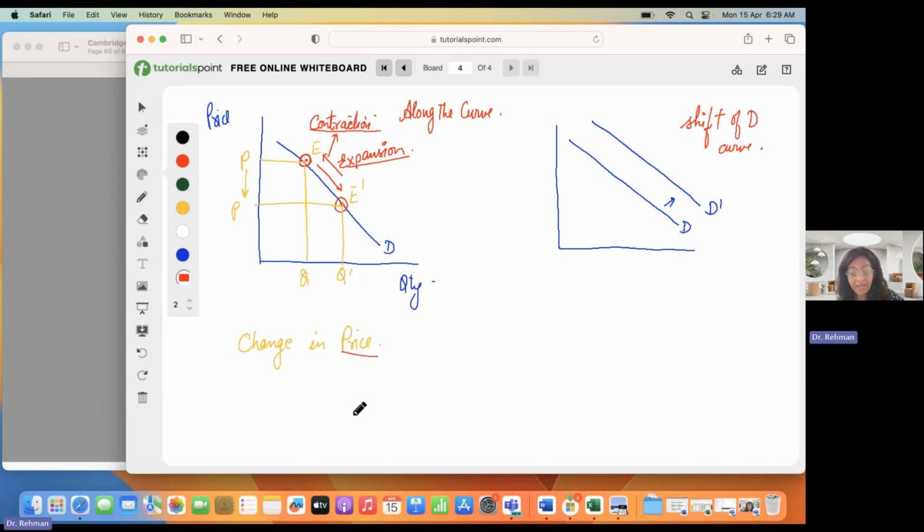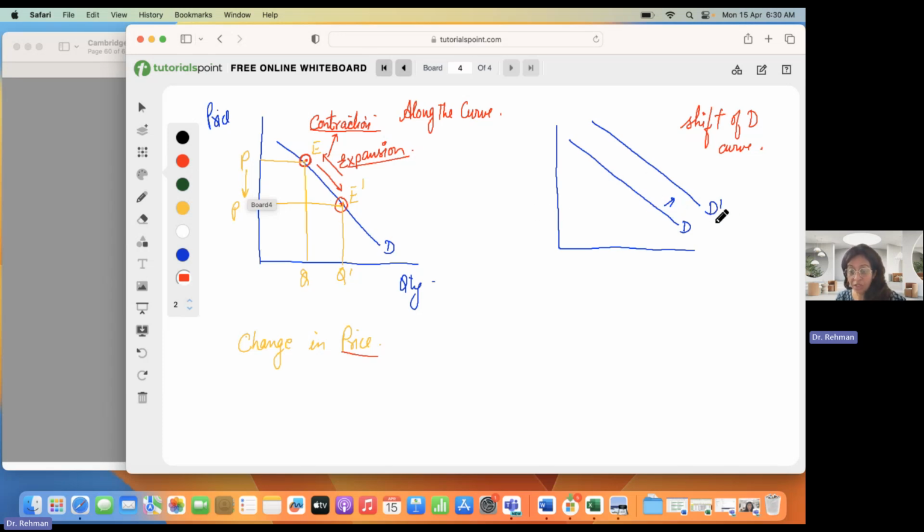Any change in demand that happens because of a change in price is called a movement along the curve. If the price is decreasing, it will be called expansion. And if the price is increasing, it will be called contraction in demand. So please remember the words expansion and contraction.